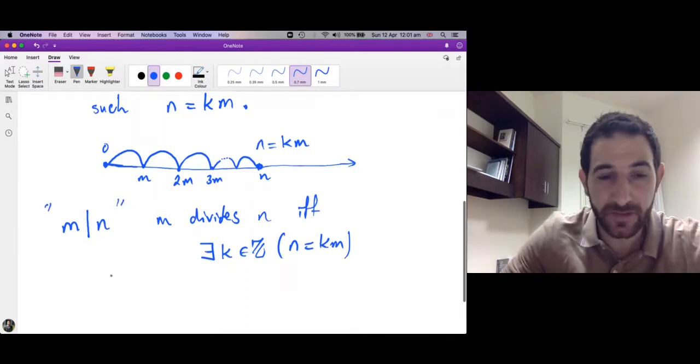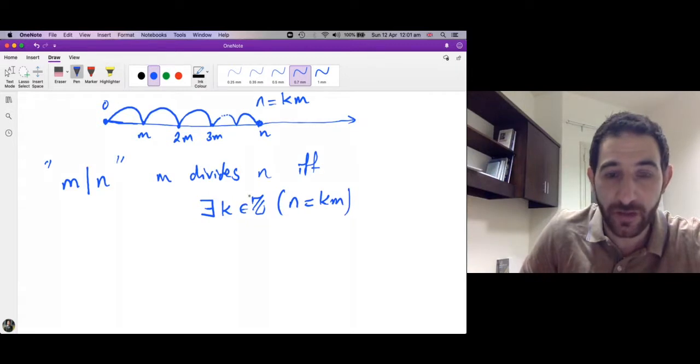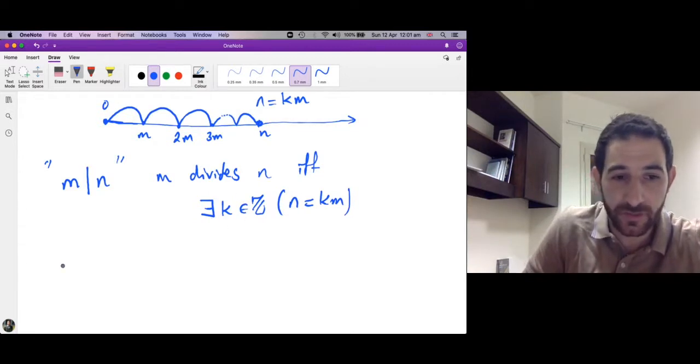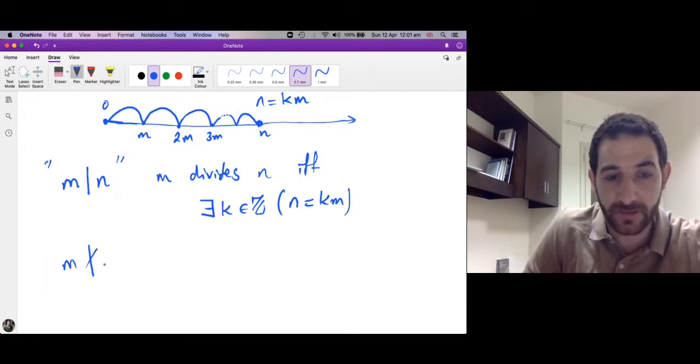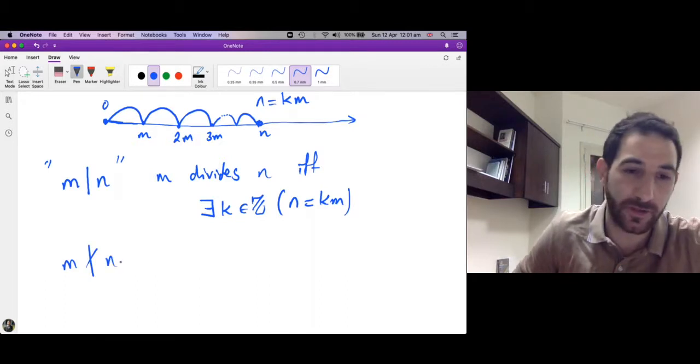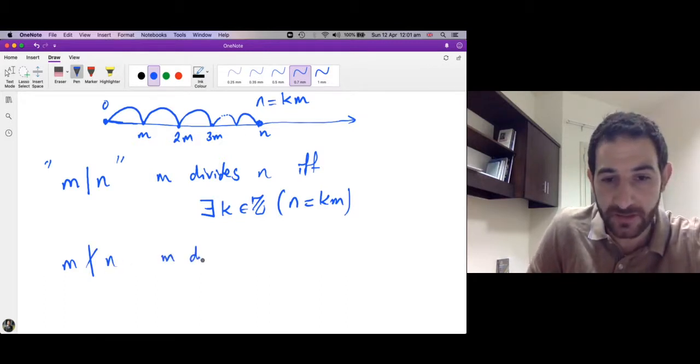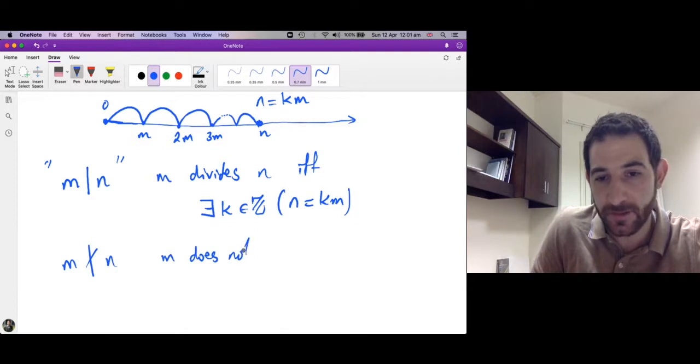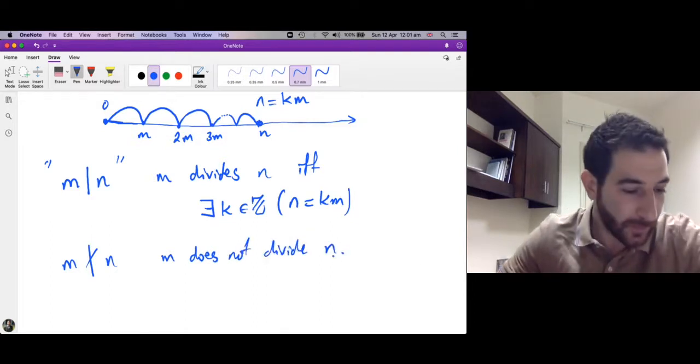And if m does not divide n, which means you cannot find such an integer, then we write m and cross the divisibility bar out. So this is m does not divide n.